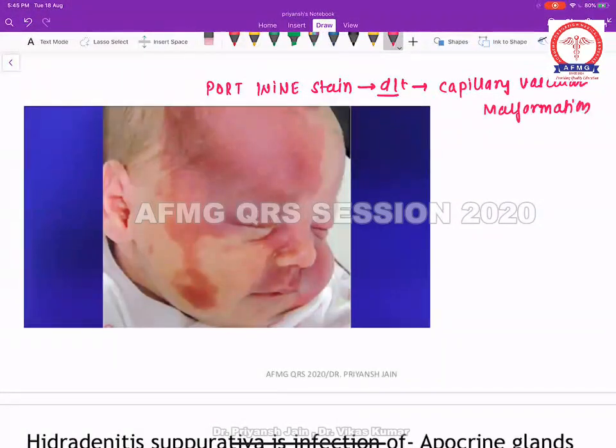Whenever there is capillary vascular malformation in any lesion, it can be in the neck, it can be on the face, there will be port wine stain. Commonly it is seen on the face, it can be seen in the arms, can be seen in the neck. So anywhere in the body, capillary vascular malformation can lead to port wine stain.